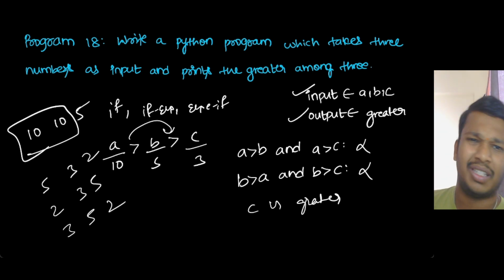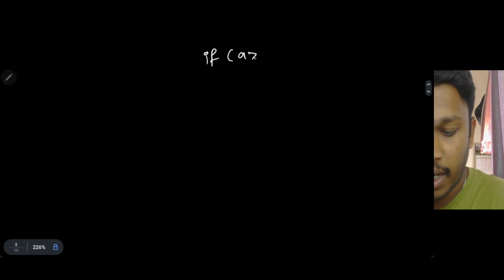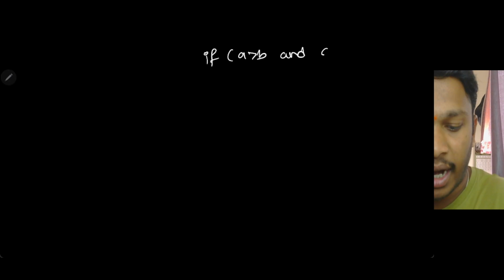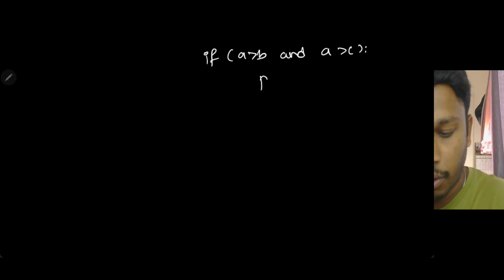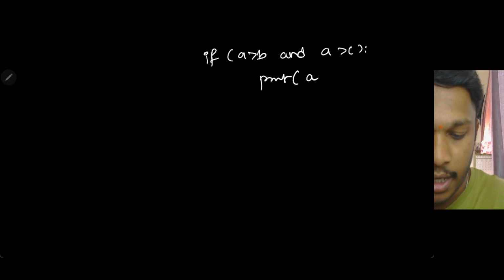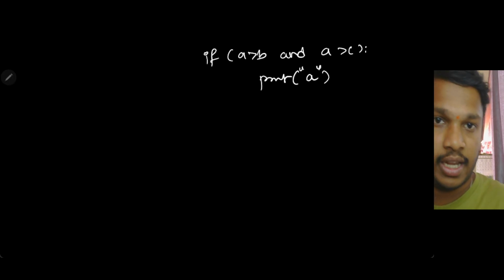Now how will we solve this? It is a very easy code with the logic I told. For example, if A greater than B and A greater than C, then you will print A, because the A value is bigger.